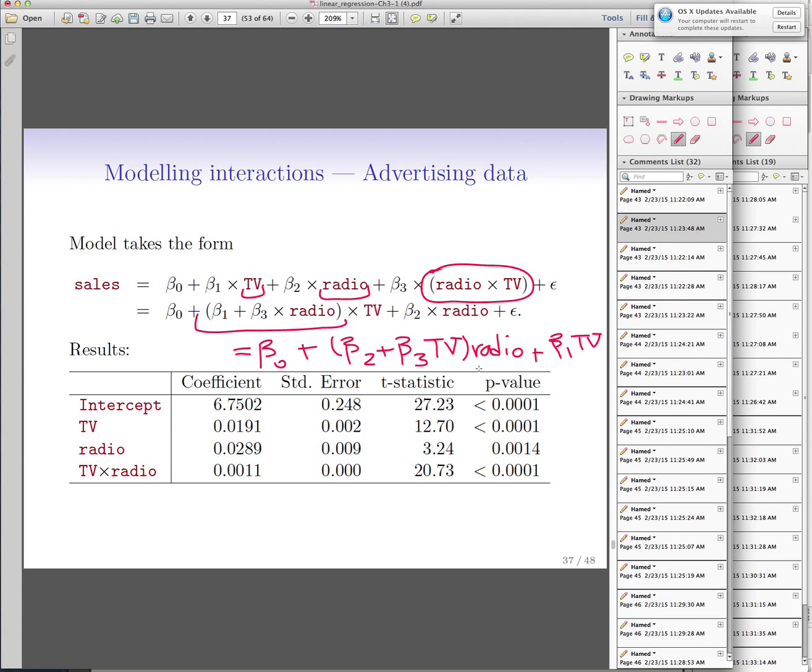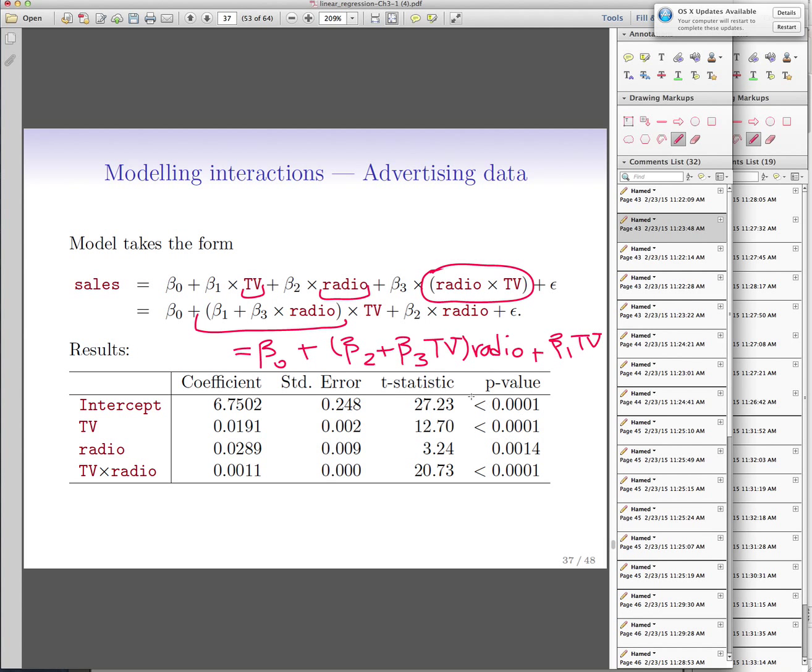Again, let's see how we interpret that. For a given value of TV expenditure, if we spend $1 more on radio, on average we expect beta 2 plus beta 3 times the amount we spend on TV. So, in effect, if this beta 3 is a positive value, that means the more you spend on TV, the more would be the extra value of spending on radio.